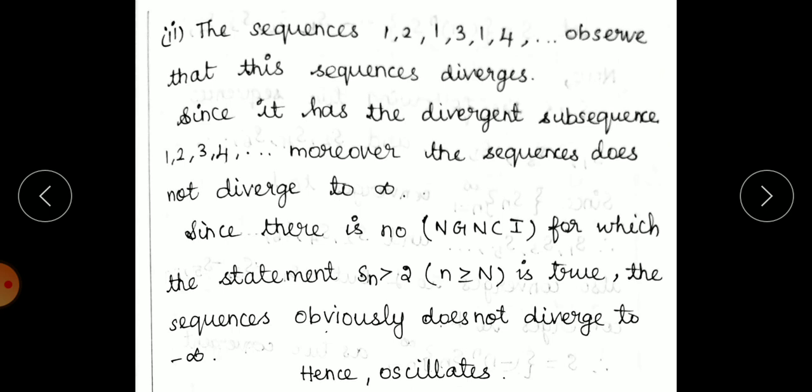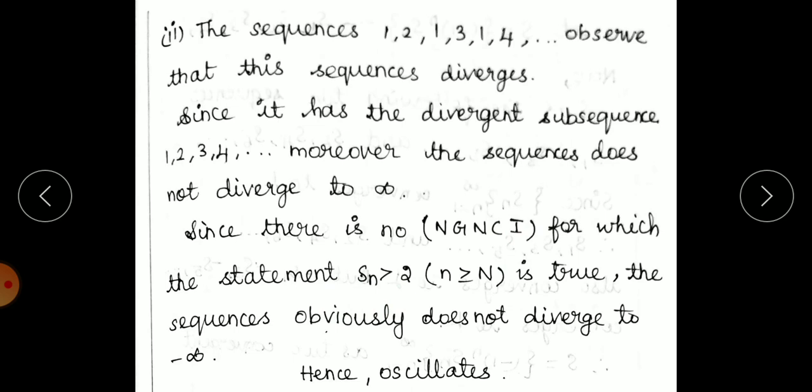See the next example: 1, 2, 1, 3, 1, 4, 1, 5 and so on. It will be moving on. This also diverges, since it has a divergent subsequence 1, 2, 3, 4. Moreover, the sequence does not diverge to infinity, since there is no n for which the statement Sn is greater than or equal to 2 is true.